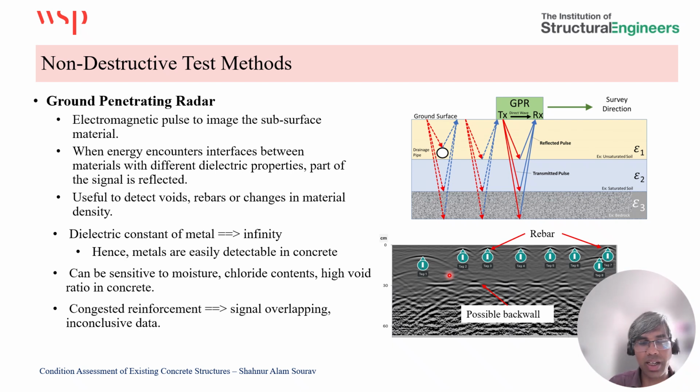Dielectric properties of the material is the term we use when we employ GPR. So what happens when there is a variation in the dielectric properties in the materials? Some of the signal will be reflected back to the receiver.